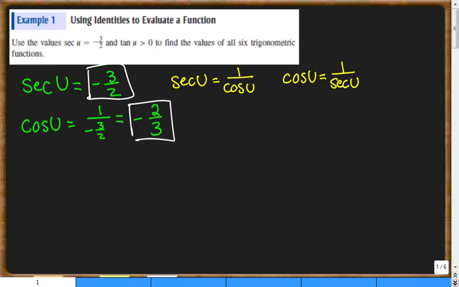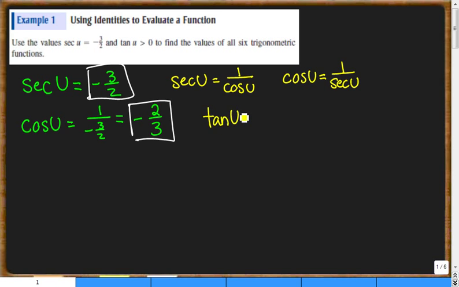So now we've got to find out what the other ones are going to be. It's going to be a little more complex. We've got to use our different trig identities. The next one I'm going to want to find is my tangent function.